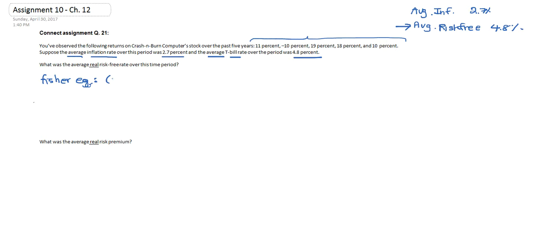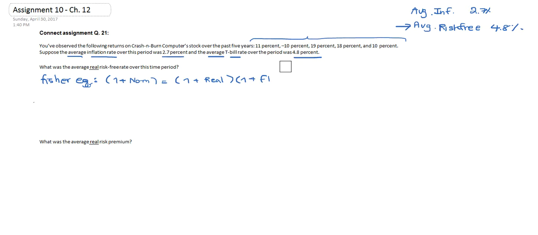The formula says 1 plus the nominal rate, which is the rate that already includes inflation, equals 1 plus the real rate, which is the rate of return that excludes inflation, multiplied by 1 plus the inflation rate.